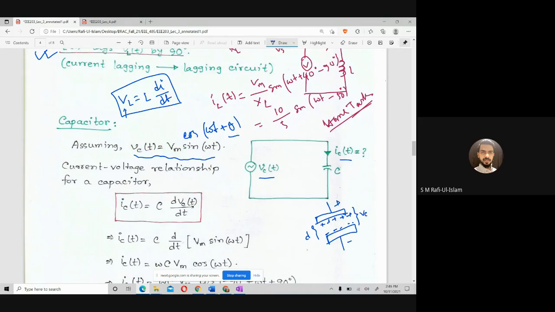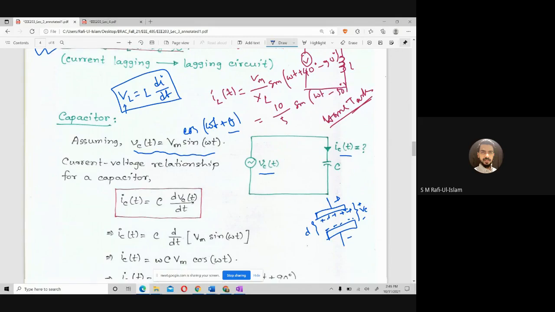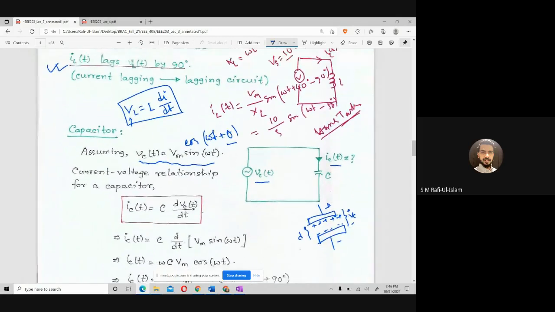Whatever voltage we got across the capacitor changes with time. And the current passing through the capacitor is given by that relation. Probably we all know this relation: current I equals C dV by dt.